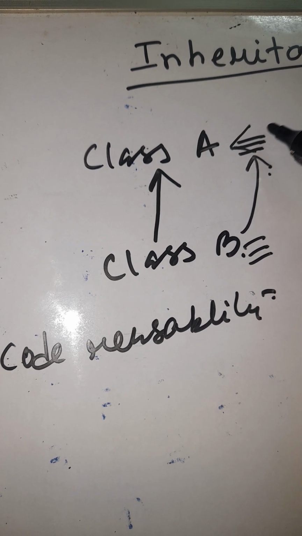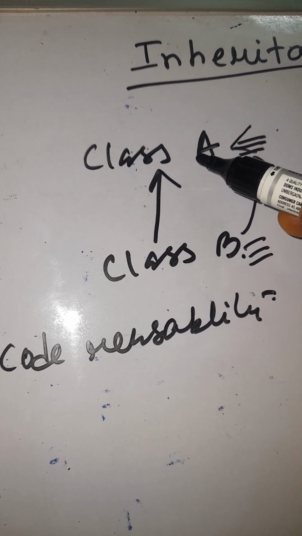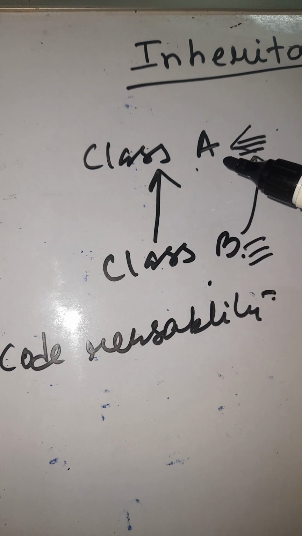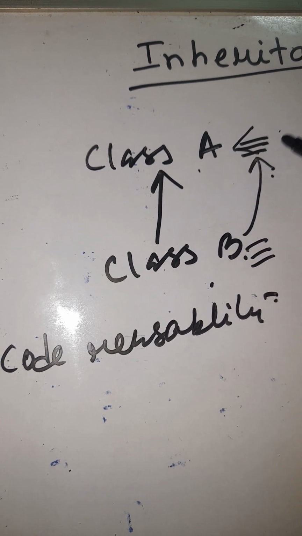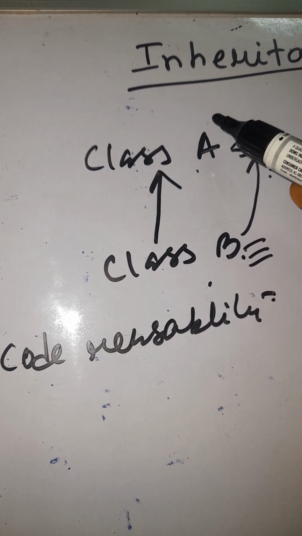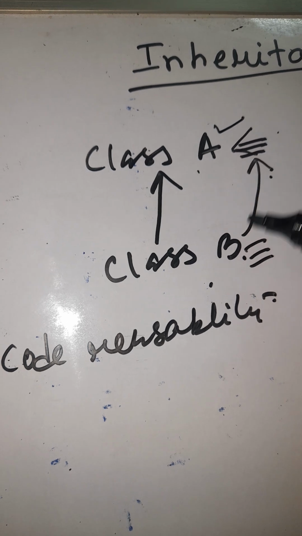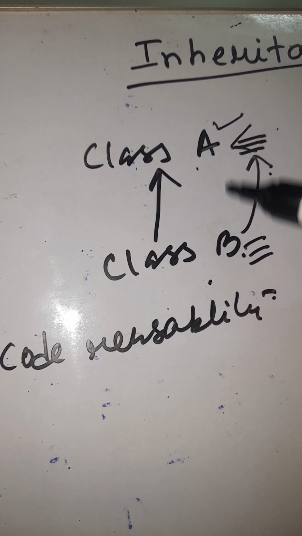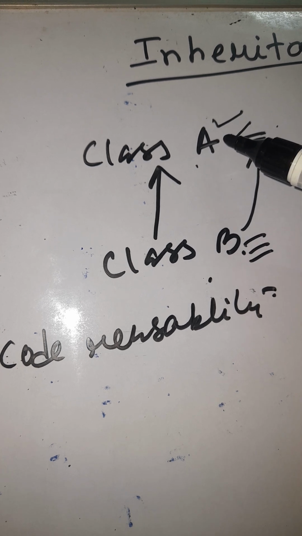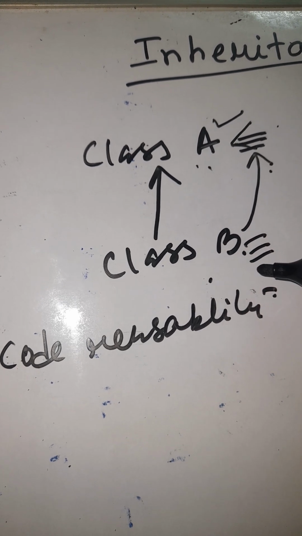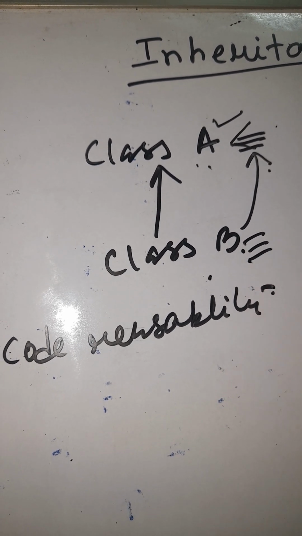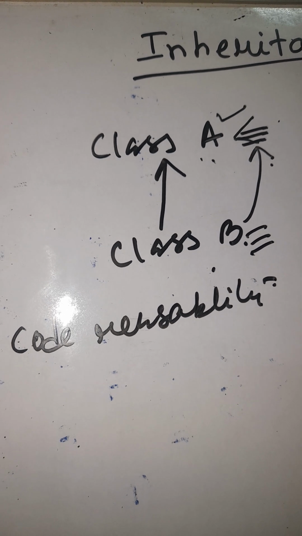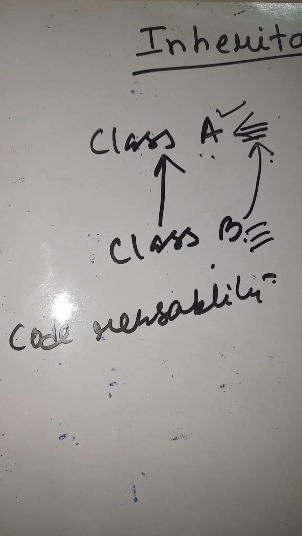If you have some common properties for class A and class B, then you can write this common behavior and code in class A, and then class B can automatically inherit the properties from class A, and individual properties also you can use in class B. So this is code reusability.